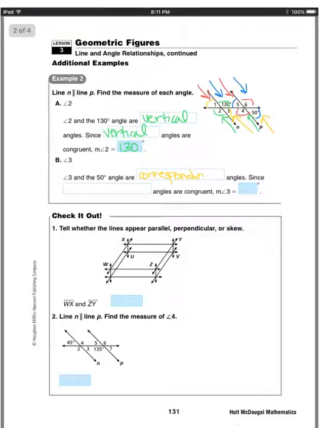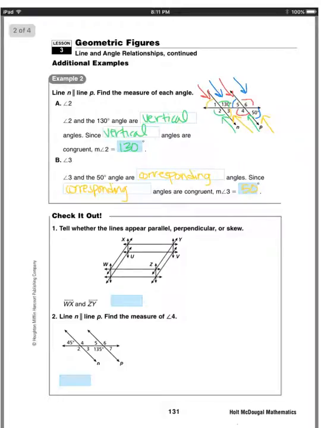Okay? So, we need a G at the end of corresponding. Since corresponding angles are also congruent, since they're both in yellow, we know the measure of angle 3 is also 50 degrees.